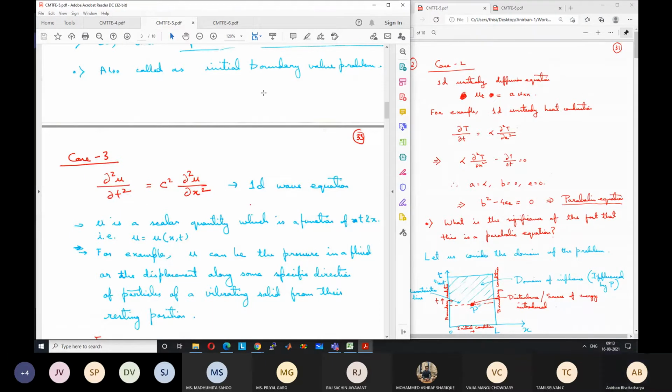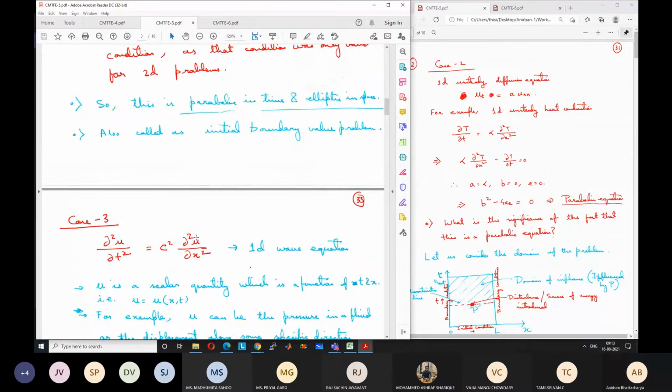So the third equation that we will take is also a very famous equation. It is known as the 1D wave equation, where the equation can be written as del square u by del t square is equal to c square del square u by del x square, where t is the time, x is the space coordinate along, say, it's a 1D equation, so space along that one-dimensional distance. What is u? u can be any variation, so it can be the displacement or it can be the pressure fluctuation.